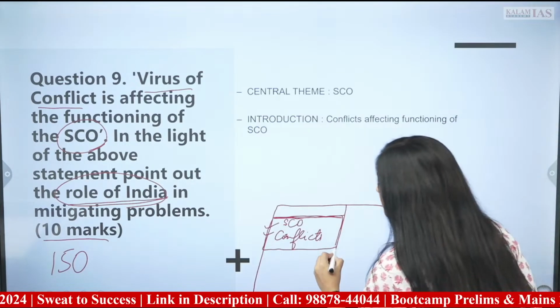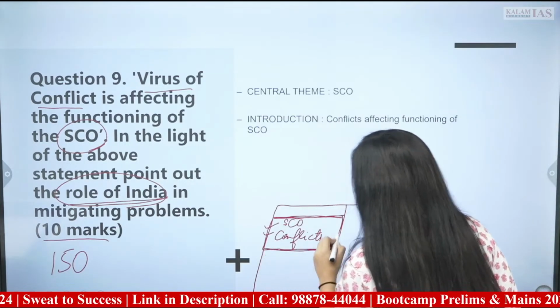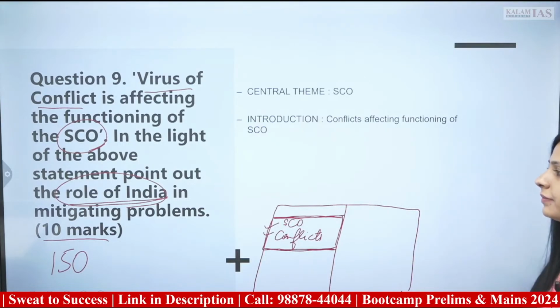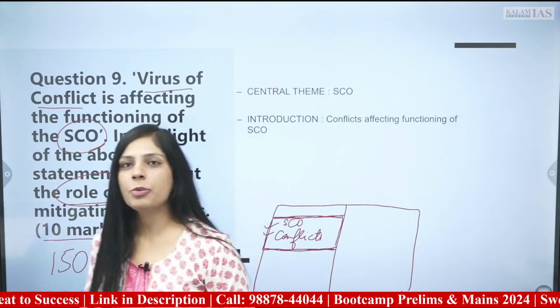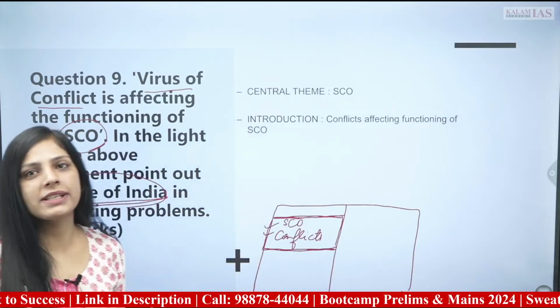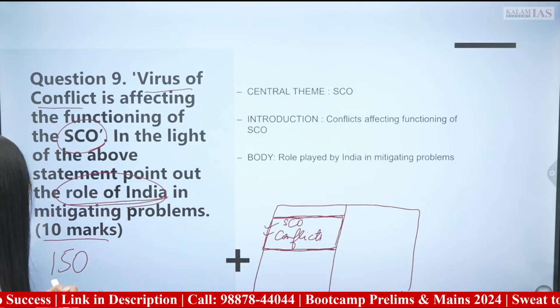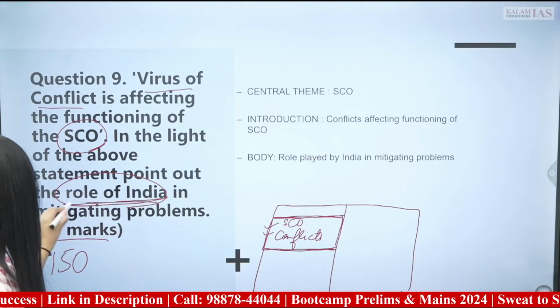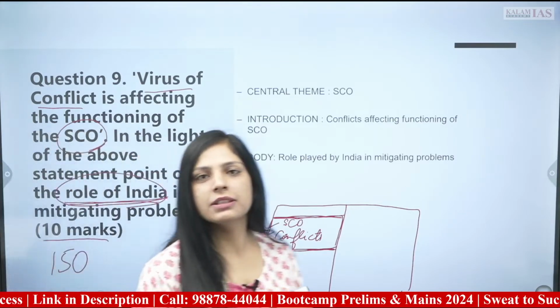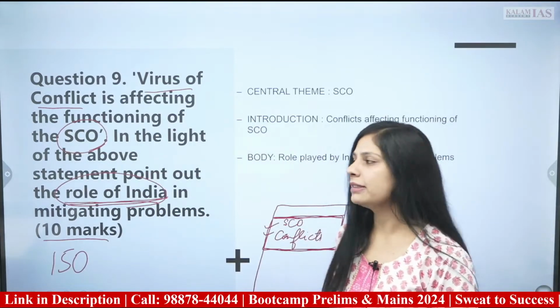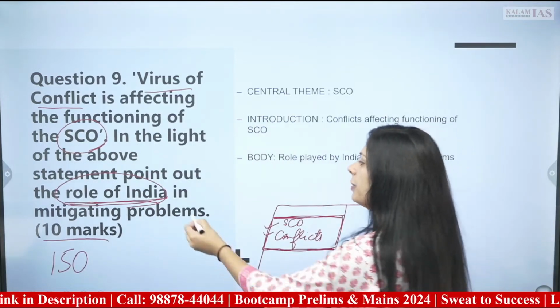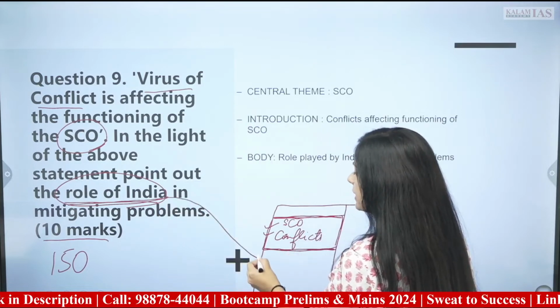Now from here, the main body will start. What will you write in the body, the main content of the question? It would be the role of India in mitigating those problems. So we'll give a headline, and it should be the subheading, it should be taken from the question itself.